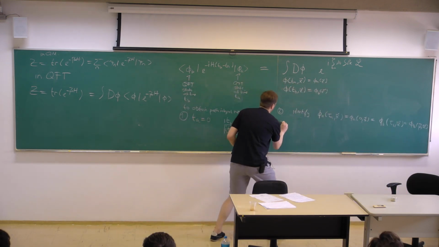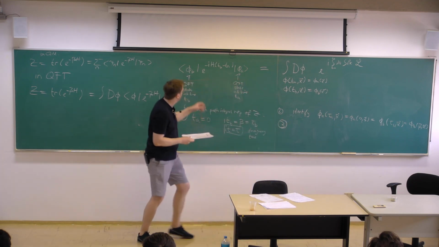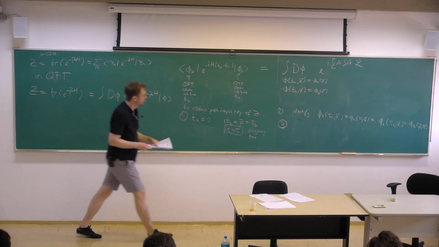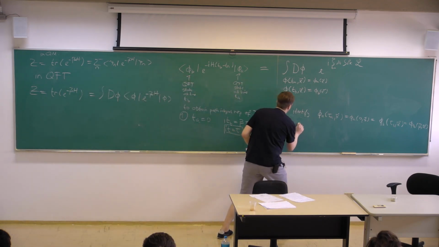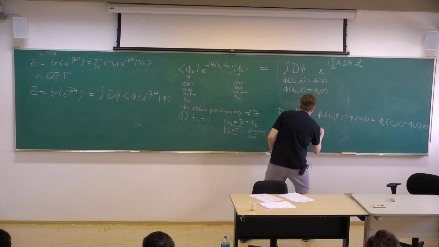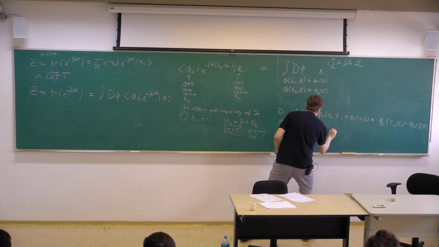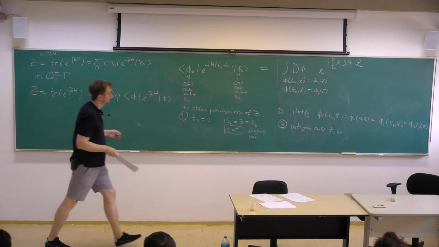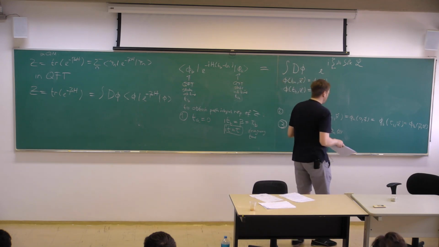Again, the third step is that I have to build the trace. I identified them, now I have to integrate over them, right? So I have to integrate over, say, phi A of x. Sorry, the way I wrote it is not very good.